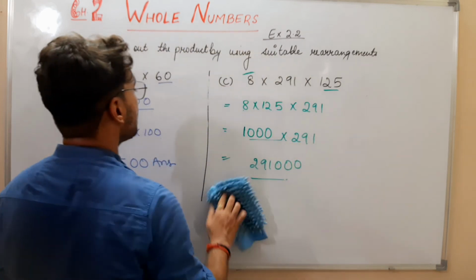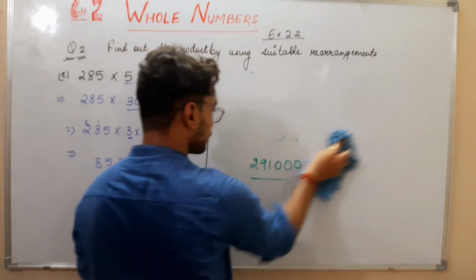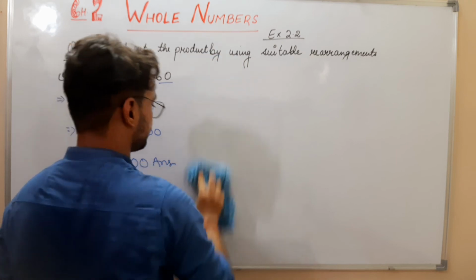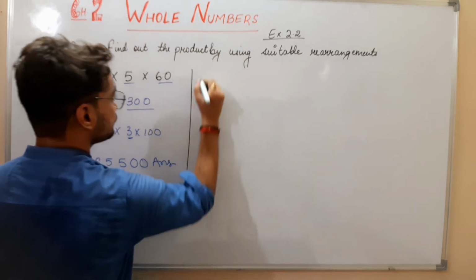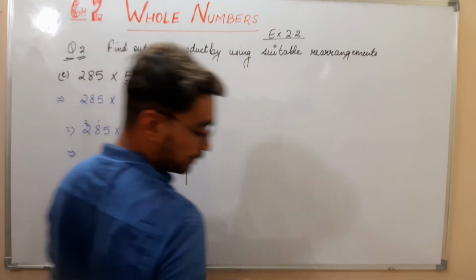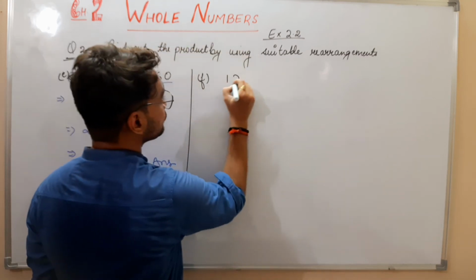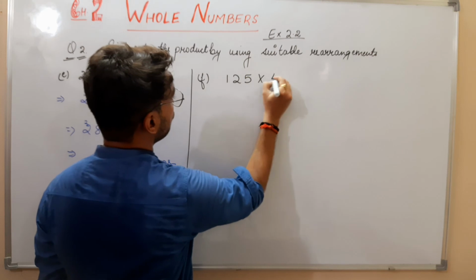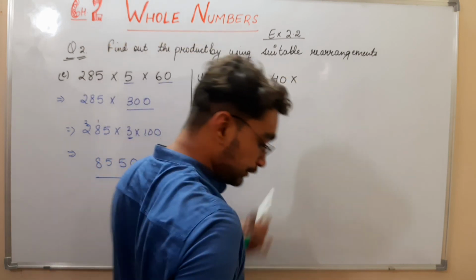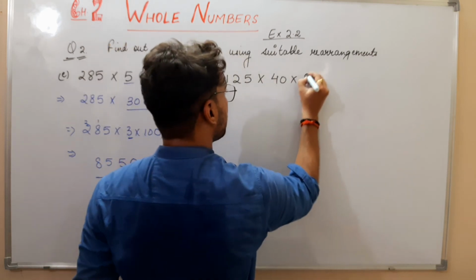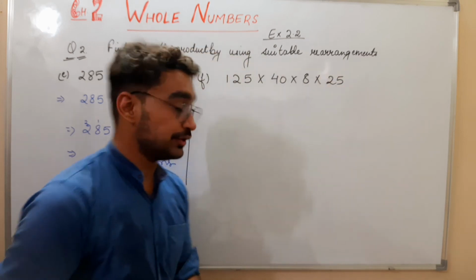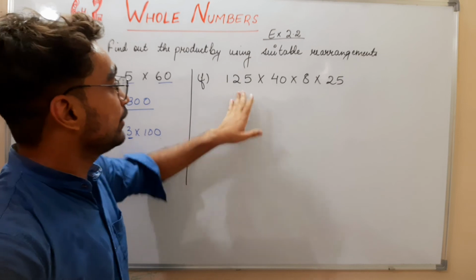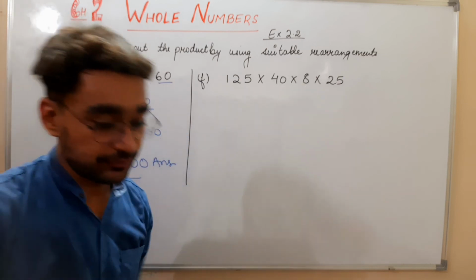Let's see the F part also. 125 into 40 into 8 into 25. See, one thing I will say to you: here you can do 125 into 8 and 40 into 25.